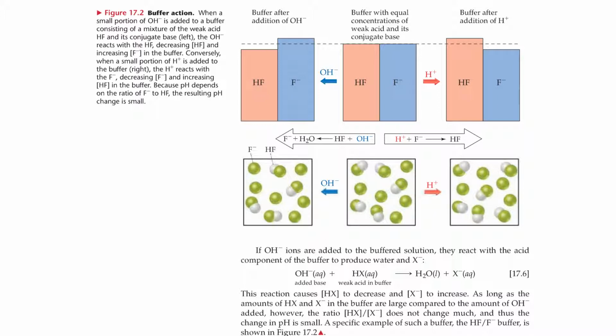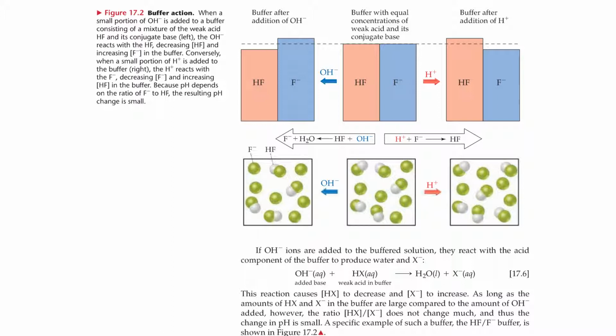Figure 17.2, Buffer Action. When a small portion of hydroxide is added to a buffer consisting of a mixture of the weak acid, hydrofluoric acid, and its conjugate base, fluoride, the hydroxide reacts with the hydrofluoric acid, decreasing the concentration of hydrofluoric acid and increasing the concentration of the fluoride ion in the buffer.